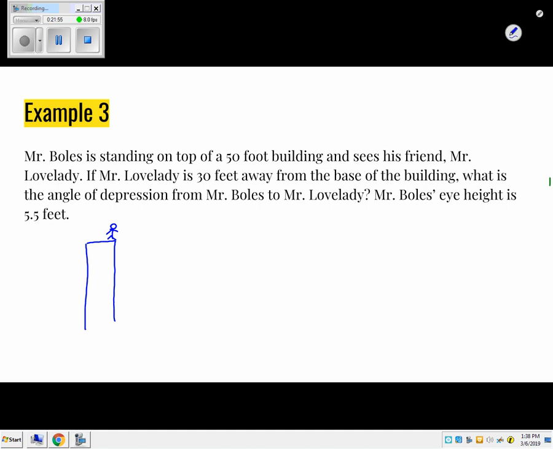Mr. Lovelady is 30 feet away from the base of the building. Here I am. I'm green. I'm the Incredible Hulk down here. I don't have a neck suddenly. So this is 30. That's 50. Oh, we almost got a triangle.